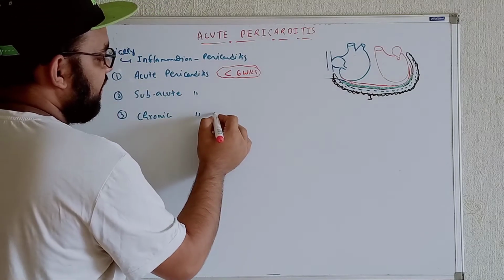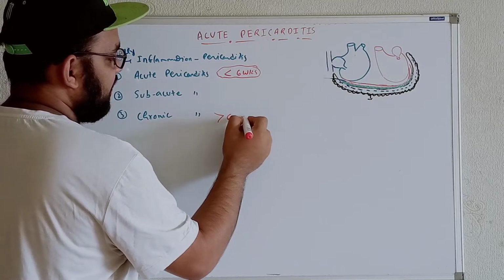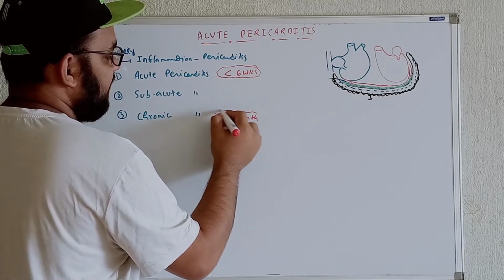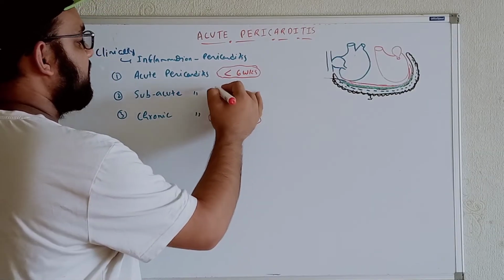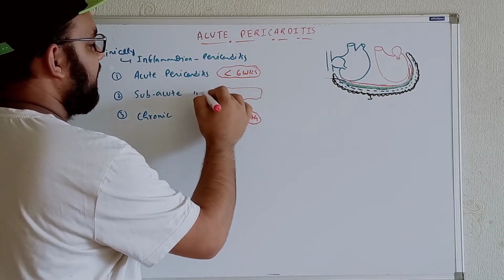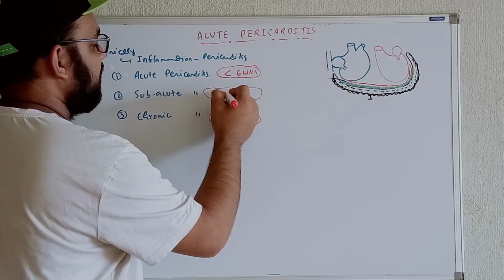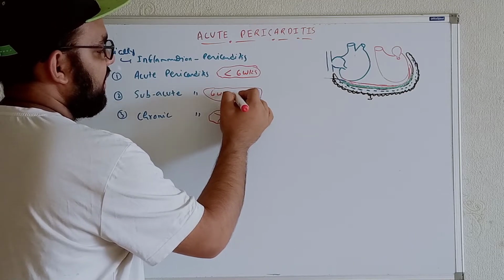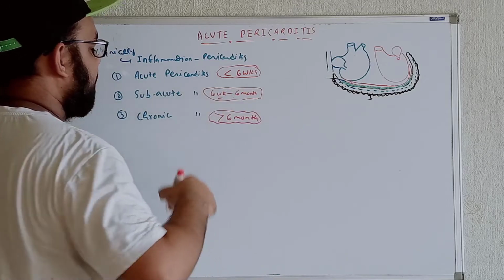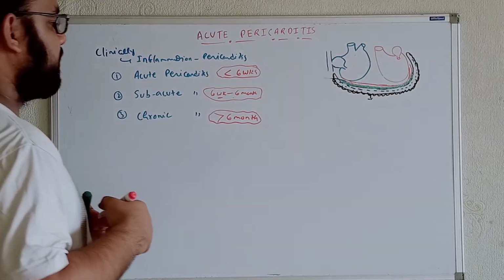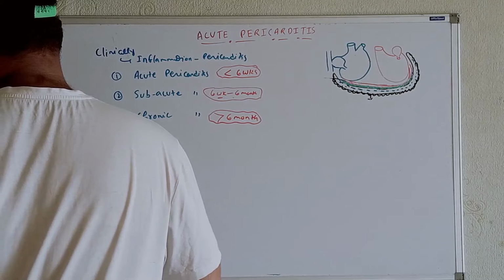But if it lasts more than 6 months, it will be considered chronic pericarditis. And if it falls in between these two, that means more than 6 weeks and less than 6 months, it will be regarded as subacute pericarditis. Okay, so it's clear for you.